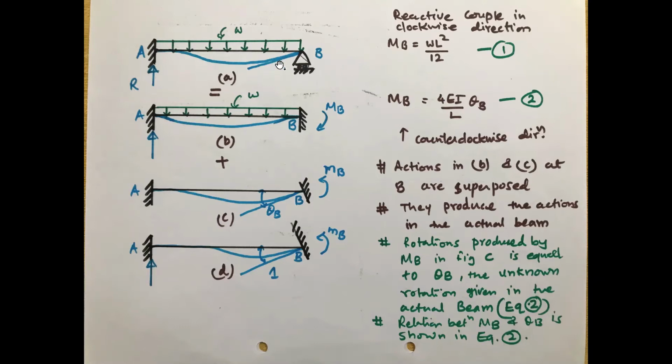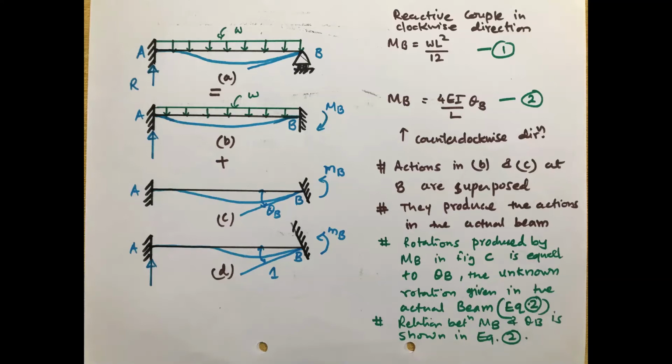So what is the kinematic variable? Just now we discussed, the kinematic variable is theta B, just one rotation. In superposition we remove the excess support. We removed it, so it became statically determinate. Whatever excess forces there are, we try to remove everything, then we make the structure statically determinate.